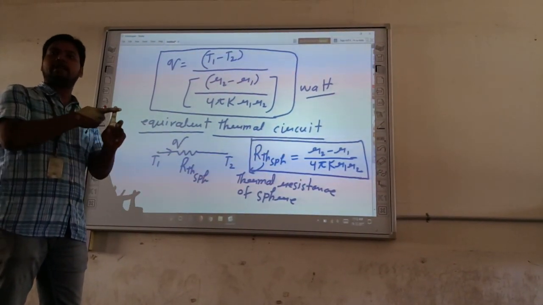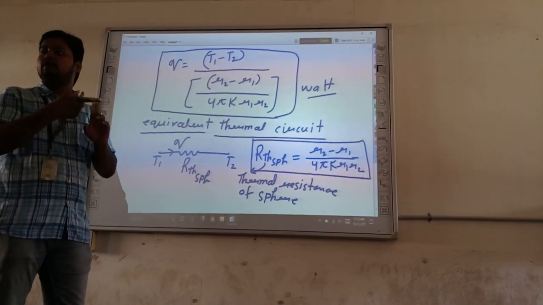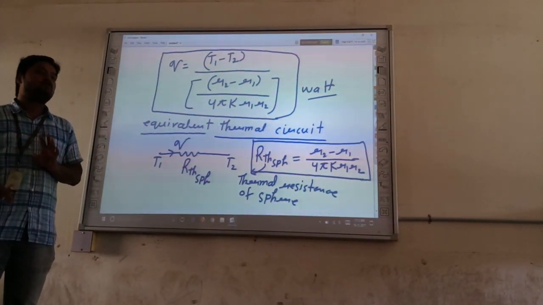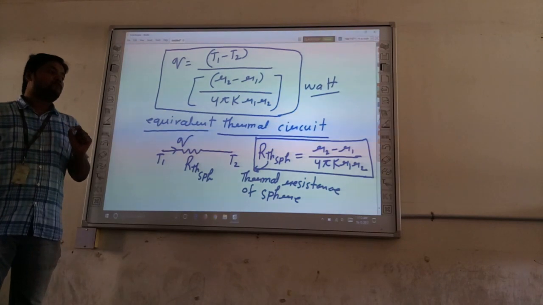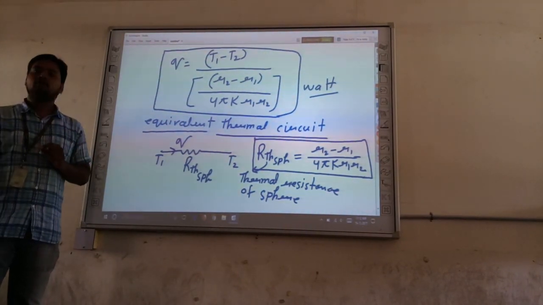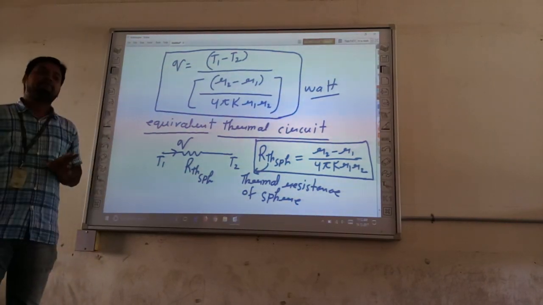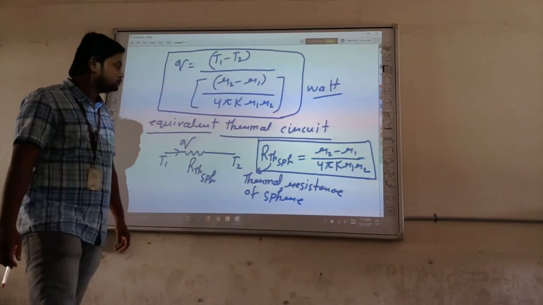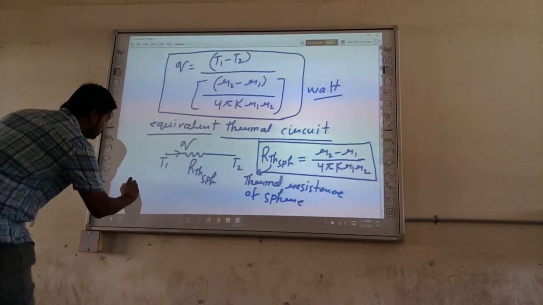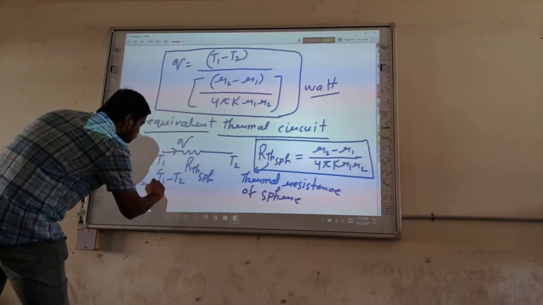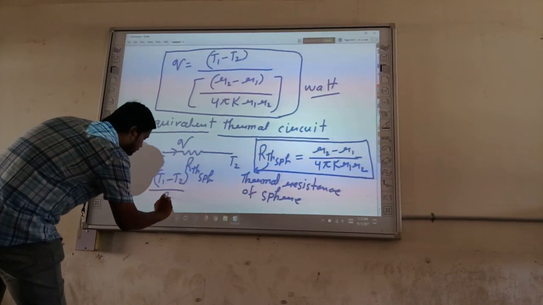So in the plane slab it is L by KA, in cylinder ln R2 by R1 upon 2 pi KL, and in sphere R2 minus R1 upon 4 pi K R1 R2. This is the only difference, and the rest of the thing is same. Understood? So this will be written like Q is equal to T1 minus T2 upon R thermal.